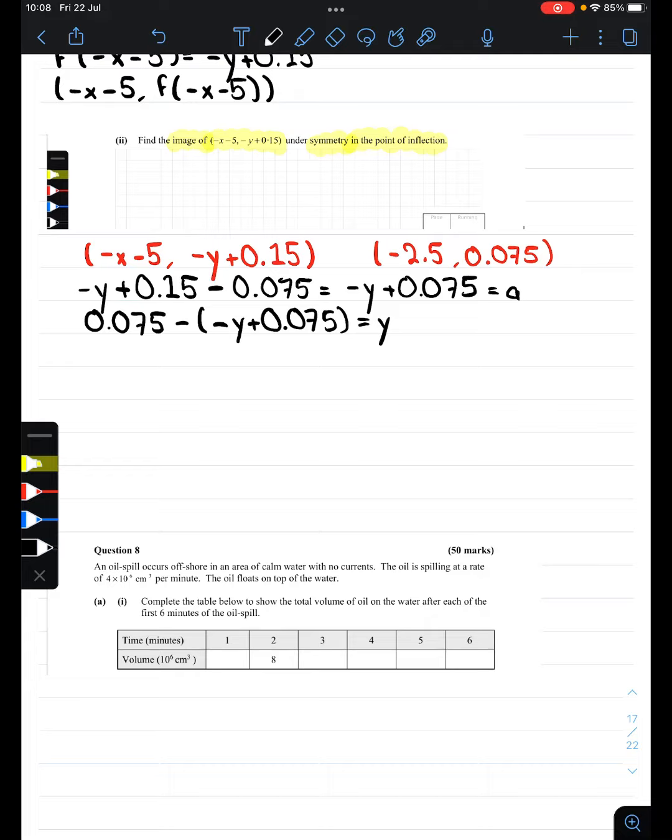So that's just minus x minus 5 and then minus minus 2.5. So that's just plus 2.5, and that is minus x minus 2.5. Okay, so this equals b.